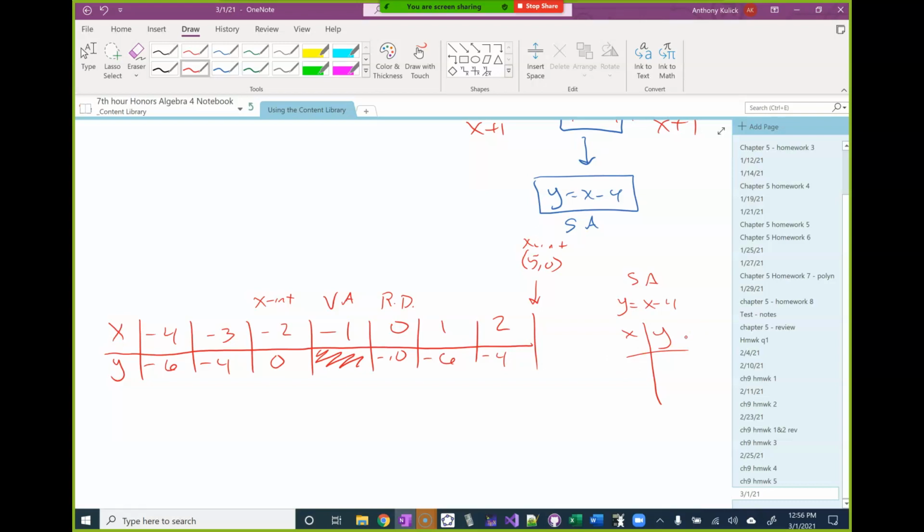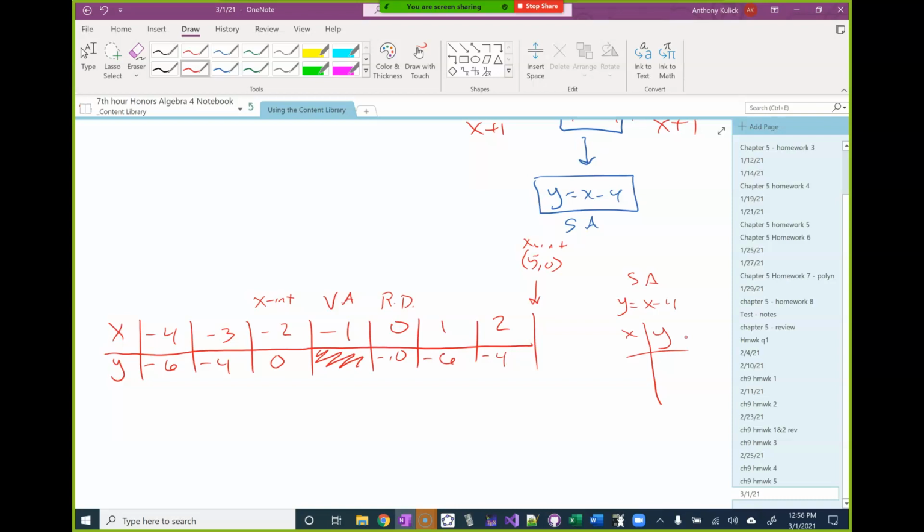What kind of function is that slant asymptote? It's a linear function, right? How many points do we need to graph a line? 2. Everybody agree with that?